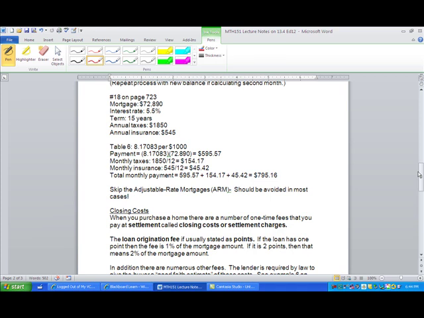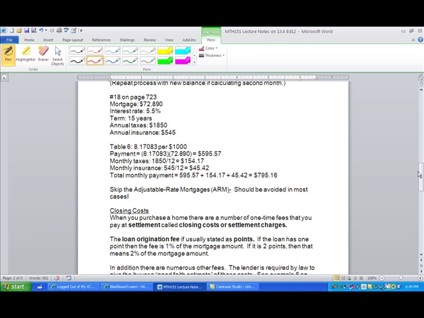Okay, now when you take out a mortgage on something like a home, typically what will happen is that you will pay the taxes on the house, that is the real estate taxes, and the insurance through your monthly mortgage payment.